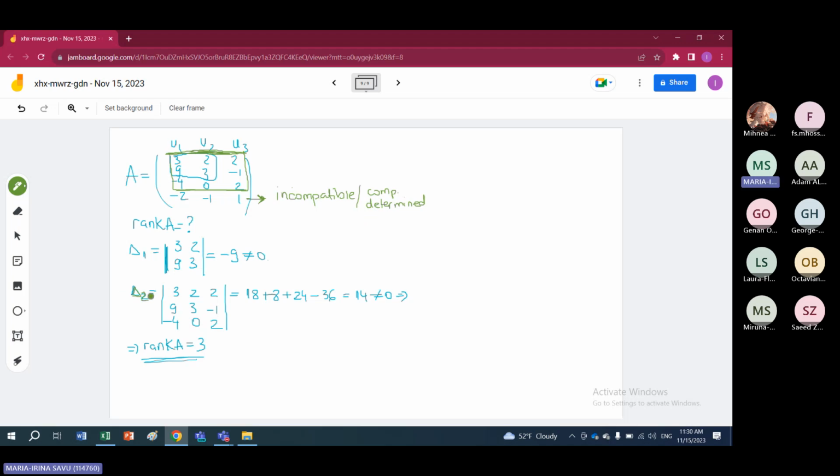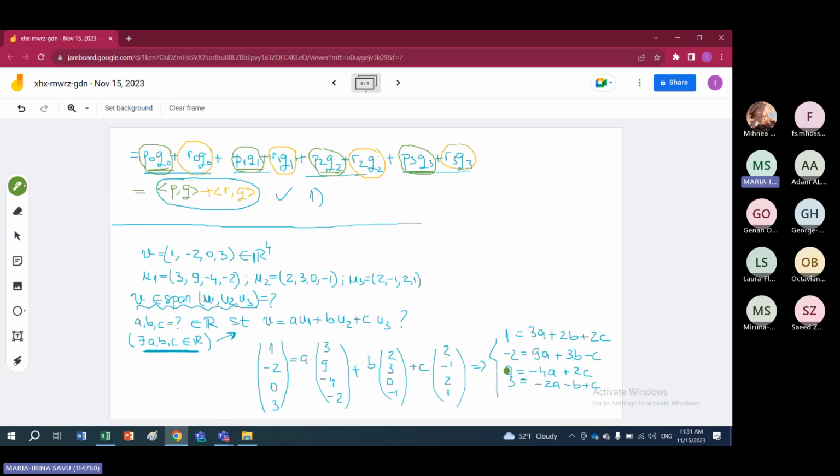For example, if all the minors of order 3 were 0, then the rank of A would be 2. So if the rank of A is 2, it means that you will have to cut the equations and take a look at the system formed with the first two equations and solve it.